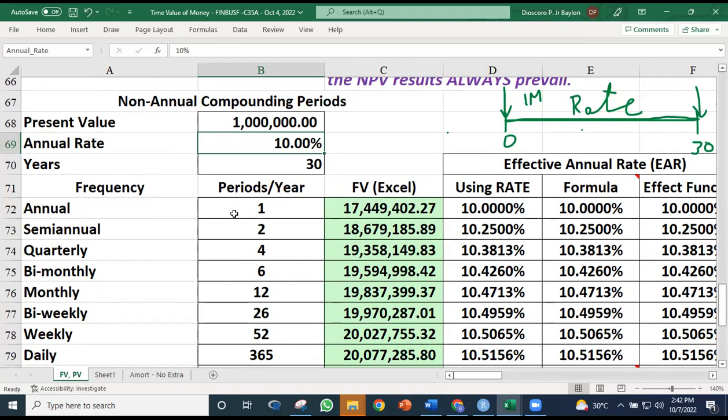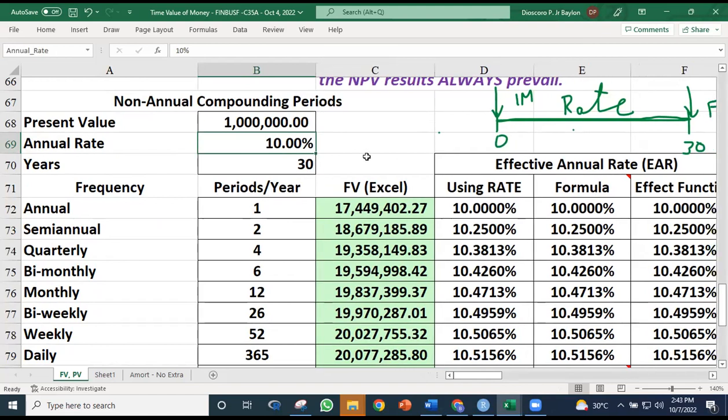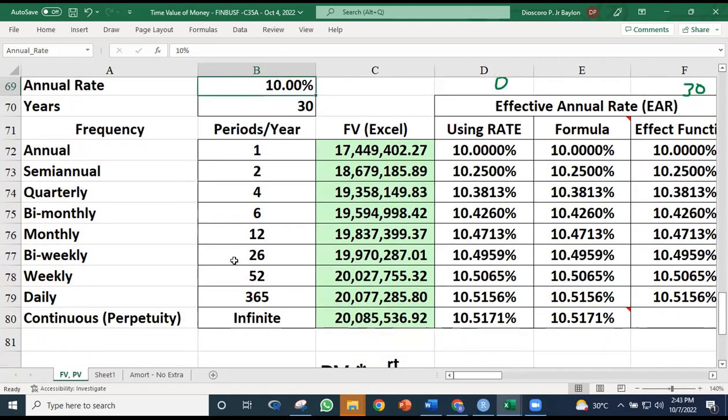And then when the interest is computed more than once, which means it could be semi-annual, twice a year, then the future value that you'll be able to compute will be different if the compounding is only once per year. We learned that the more compounding per year, the greater will be your future value, and therefore, effectively, your annual rate, or what we call the EAR, effective annual rate, will be bigger, will be higher.